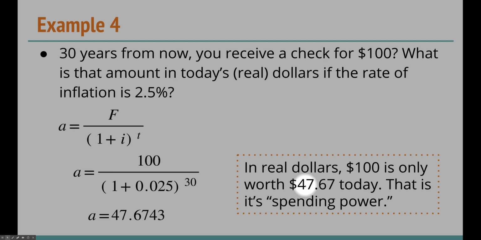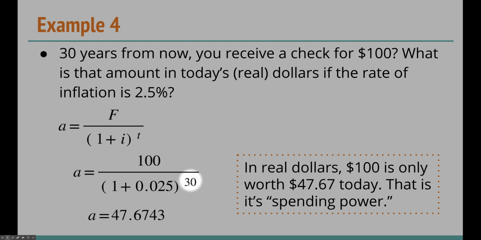Now we're seeing that inflation is going to cut in half our spending power for an amount that's 30 years down the road. So it's really important that we pay attention to the effects of inflation because it can truly impact how we think about the money that we're going to receive in the future if we're, let's say, planning for retirement.